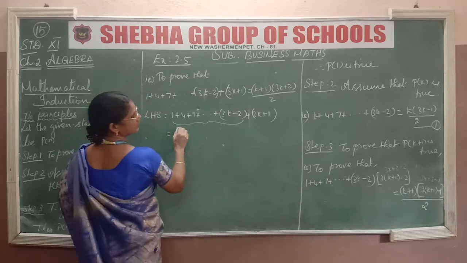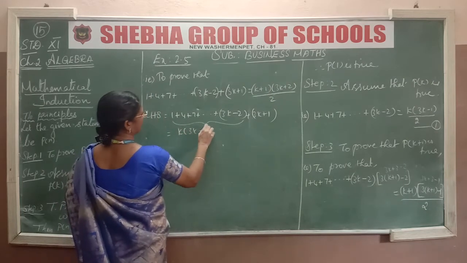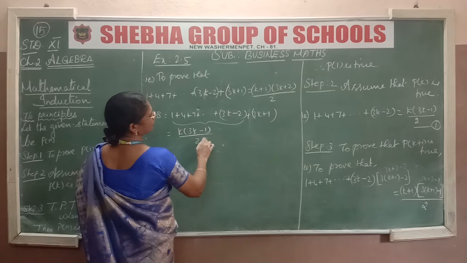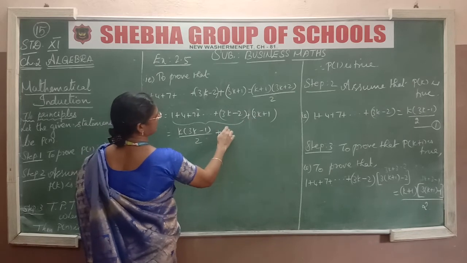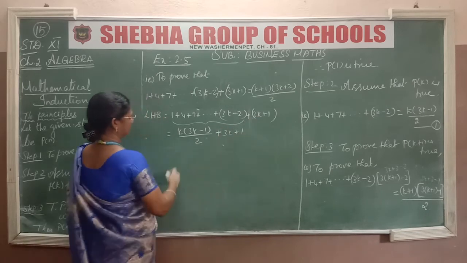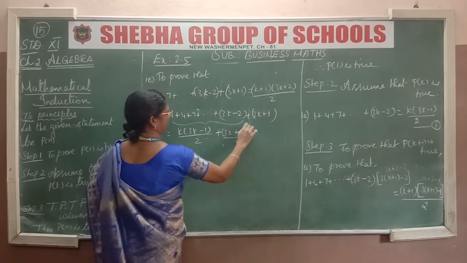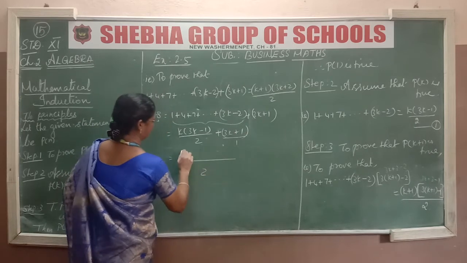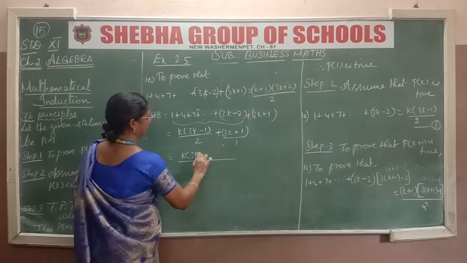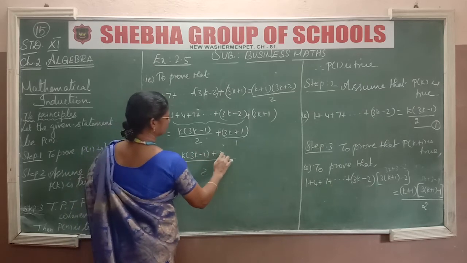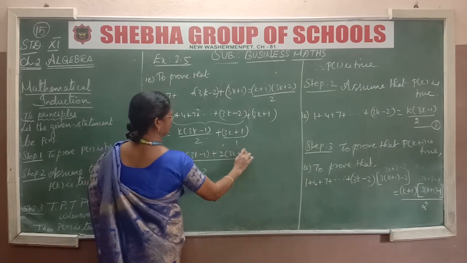Using this, k into 3k minus 1 by 2, the next term is plus 3k plus 1. Now taking 2 as LCM, k into 3k minus 1 plus 2 into 3k plus 1.